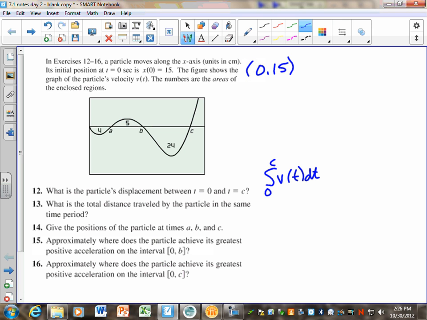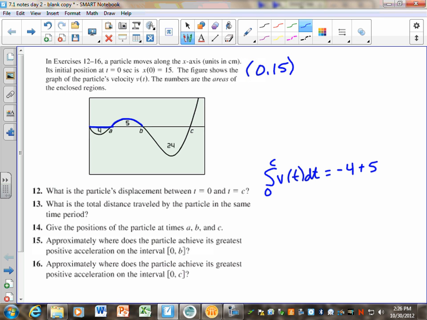You're using the picture. The integral is the area that's already down here. And from 0 to a is below the x-axis, so we already know that that's going to be -4. That's the area, it's negative. From a to b, that's above the x-axis, and they tell us that that area is 5.